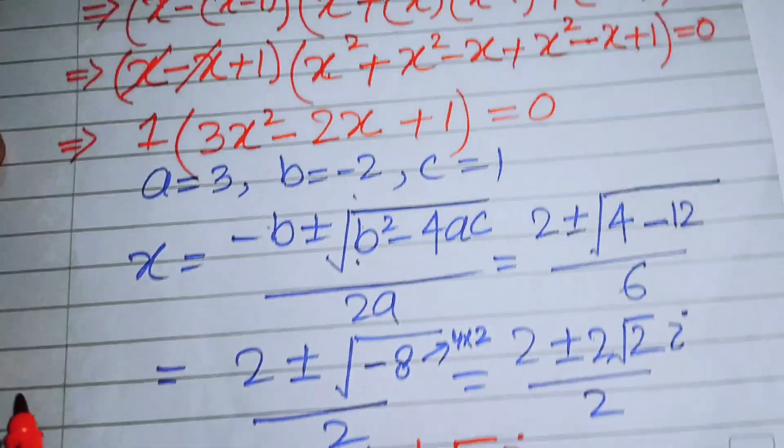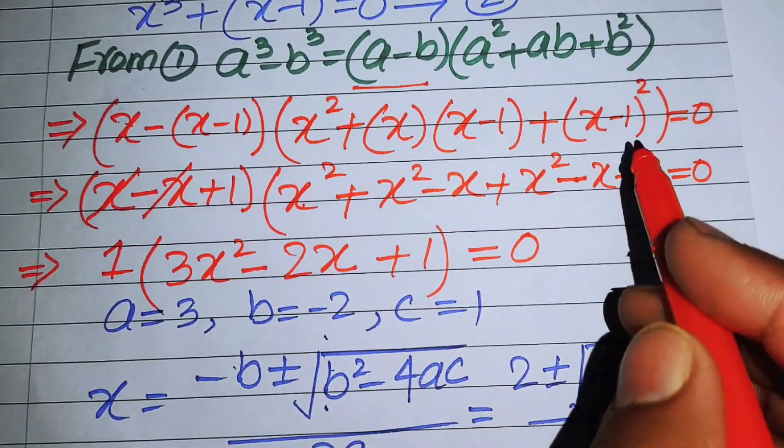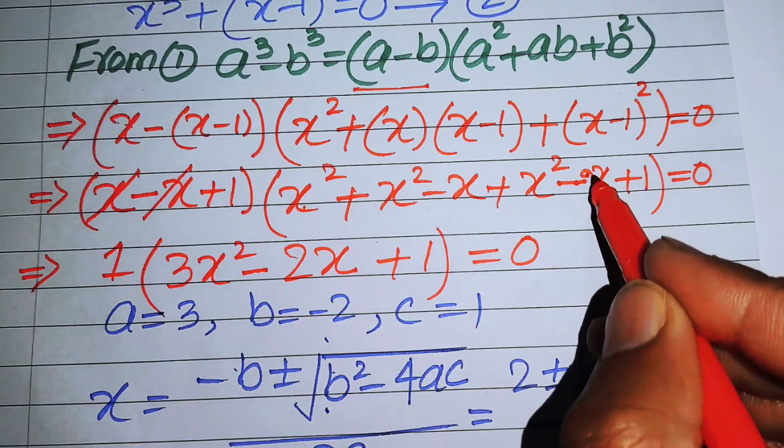Sorry, here we have a little mistake, which is when we open this square, then you obtain here minus 2x.